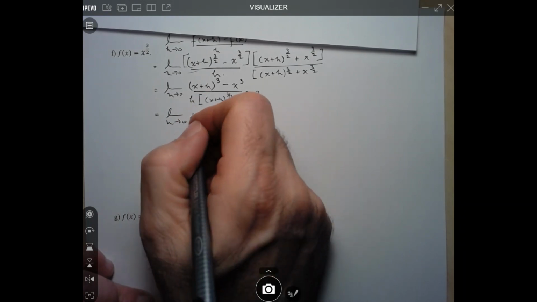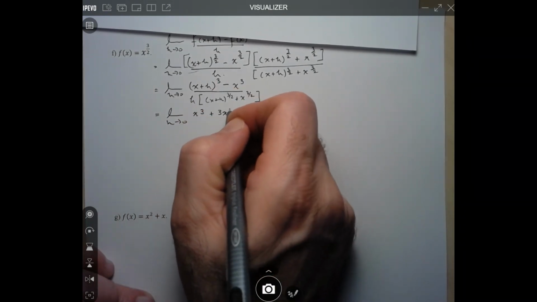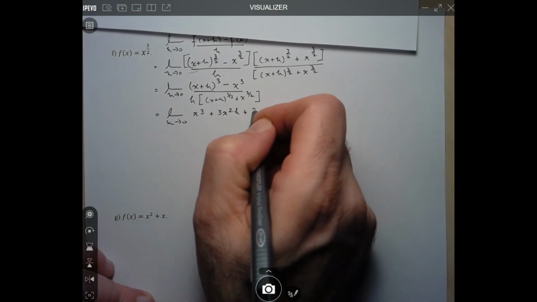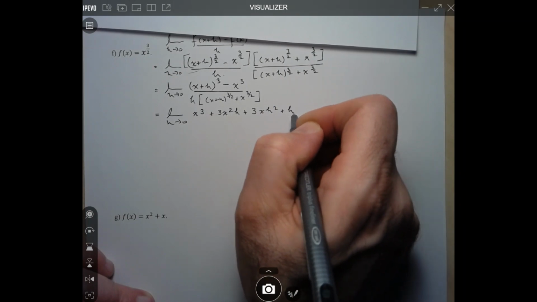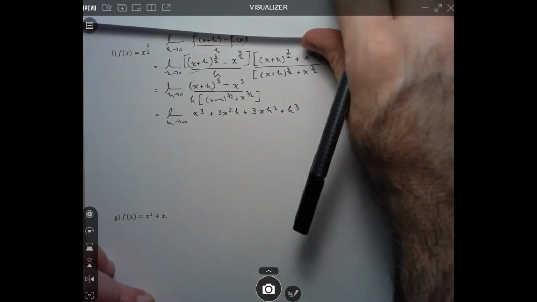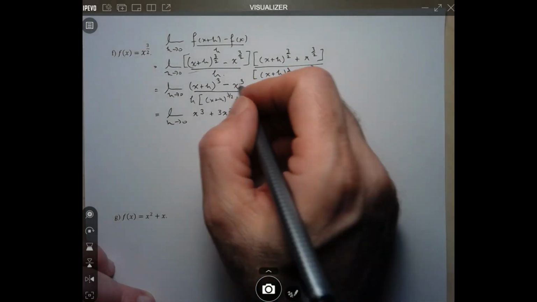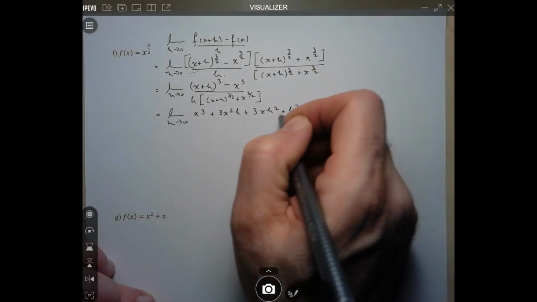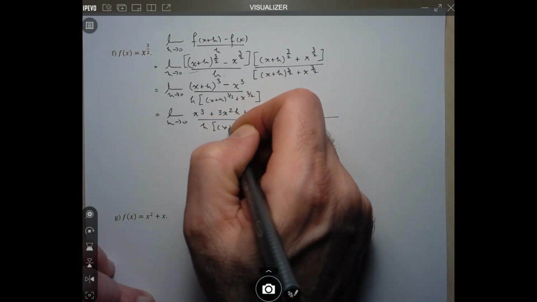So this ended up being x cubed plus 3x squared h plus 3xh squared plus h cubed. If you look back and do some simplification, you'll see that that works. And then, of course, the minus x cubed, all over h times this thing.